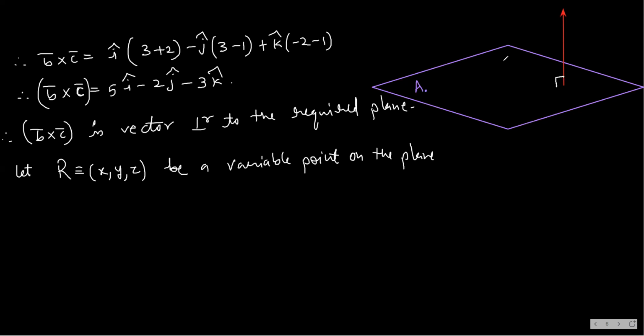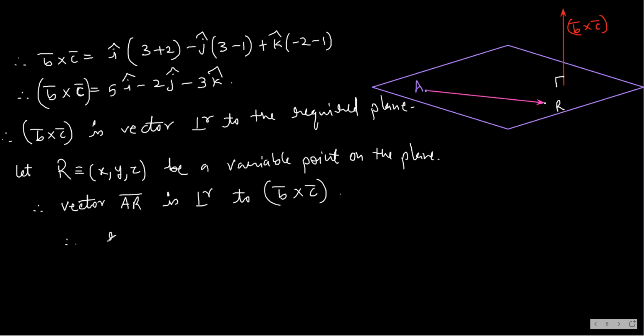Next, you are taking a variable point R on the plane. Now what will happen? The vector AR bar will definitely be perpendicular to b bar cross c bar. Very simple. So we will write here: therefore, vector AR bar is perpendicular to b bar cross c bar.